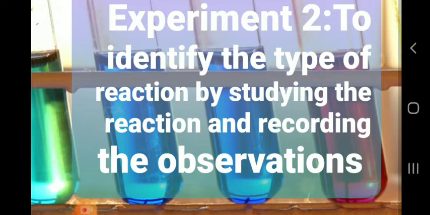We need a small piece of magnesium ribbon, a pair of tongs to hold it, sandpaper, a watch glass or crucible dish, a test tube stand, a test tube holder, a beaker, a spirit lamp, etc.